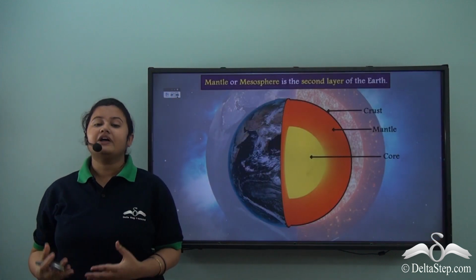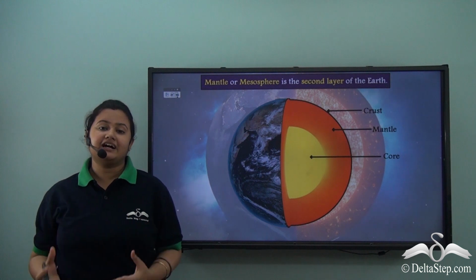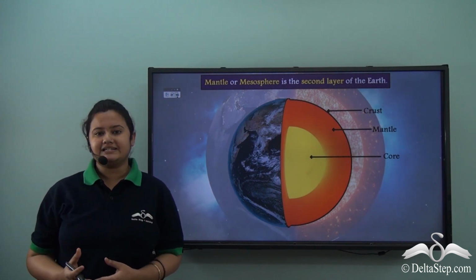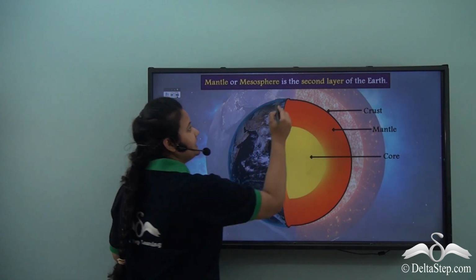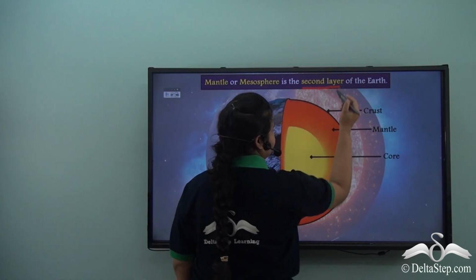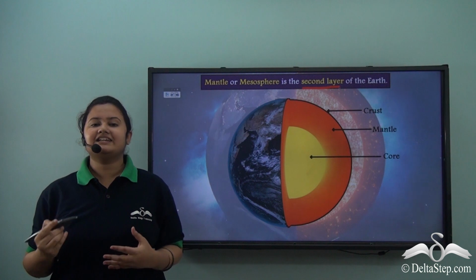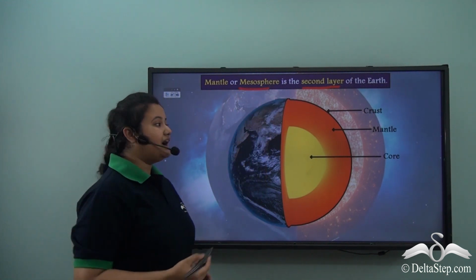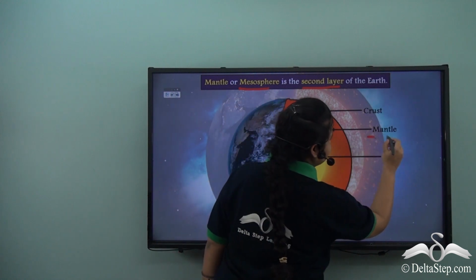So therefore, the part of the earth that contains viscous substances is called mantle. Mantle is the second layer of the earth, and mantle is also called mesosphere, as it is the middle layer of the earth.